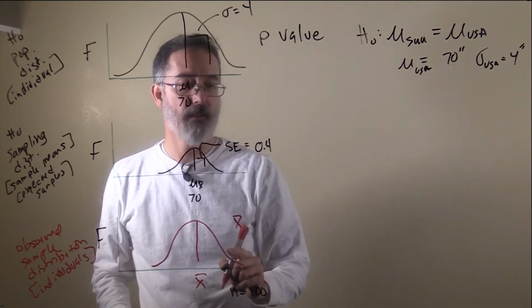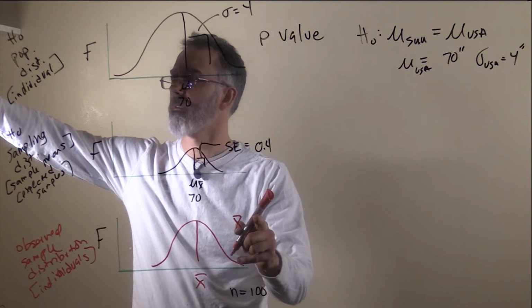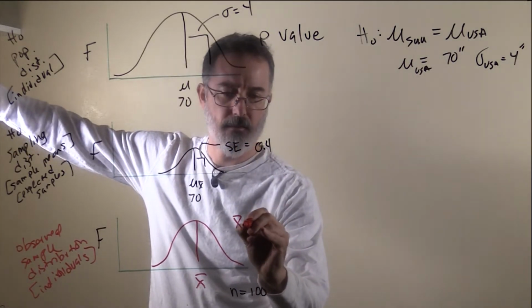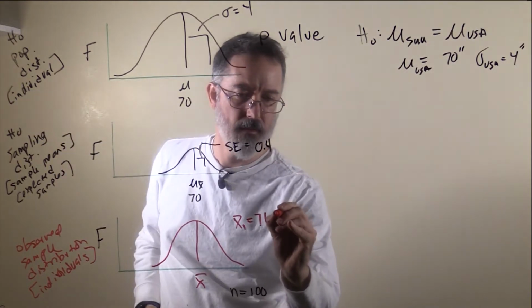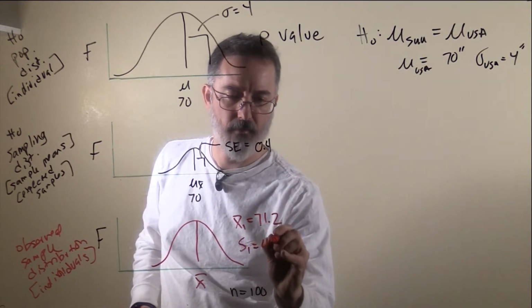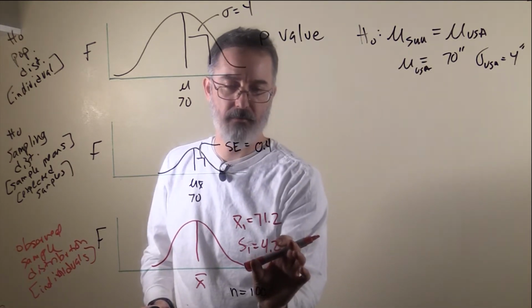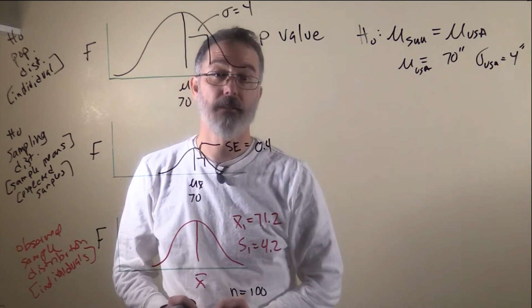We'll start off with the sample mean that we used before in our earlier example. We'll call the sample mean 1. This is the sample mean of 71.2, and we'll keep the sample standard deviation the same at 4.2. The sample standard deviation doesn't impact the calculation of p-values for z-tests anyways.